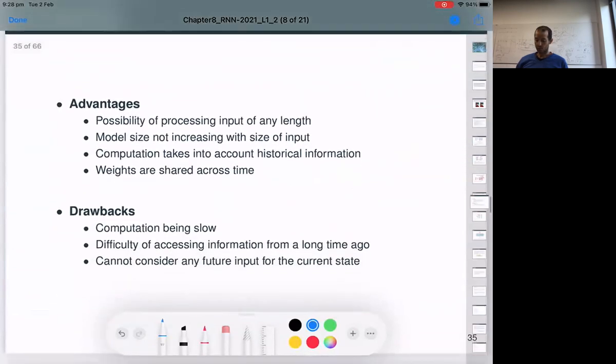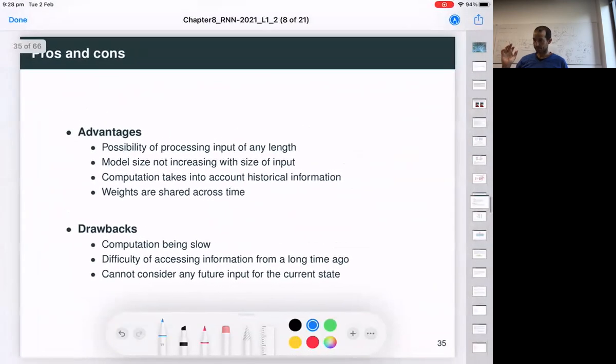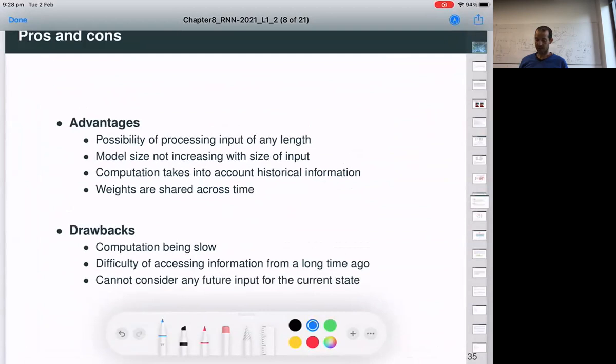Okay, a short summary. Advantages of the RNN: processing input of any length. Model size is not increasing with the size of the input because the weights are the same.